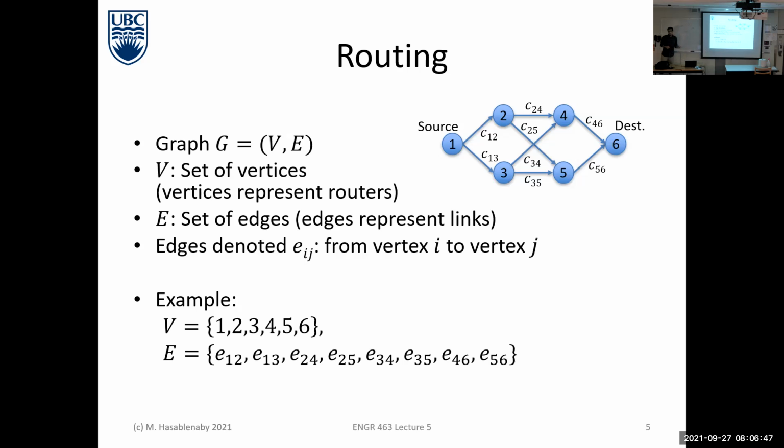Each edge represents a physical link that connects node i to node j. So this is one edge, second edge, third edge, fourth edge, and the function of each edge is to connect two nodes, two routers in the network.